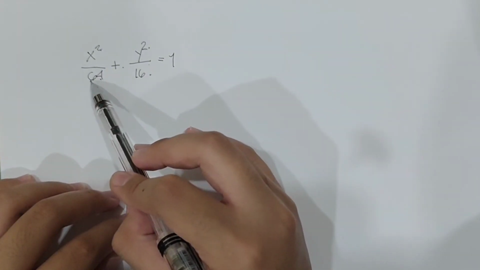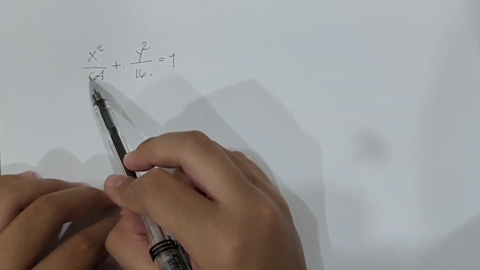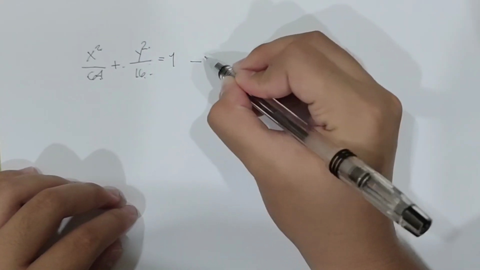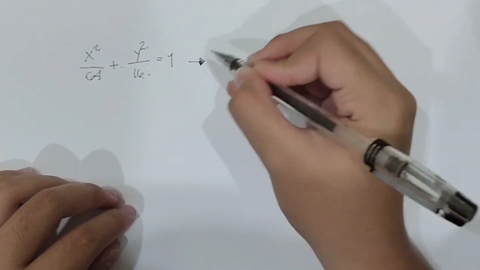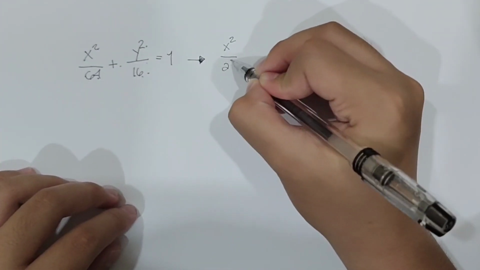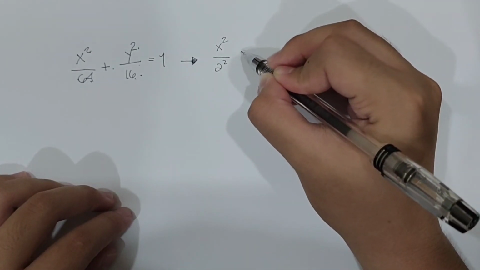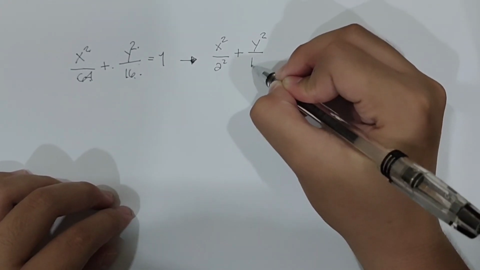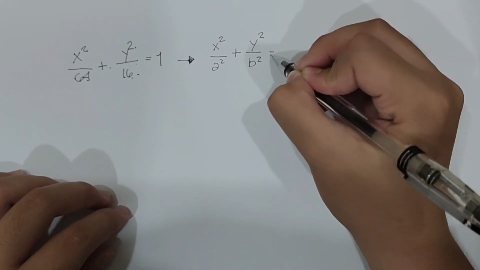Since 64 is greater than 16, we'll be using this formula, which is x squared over a squared plus y squared over b squared equals 1.